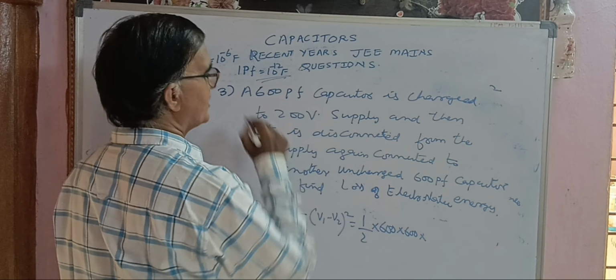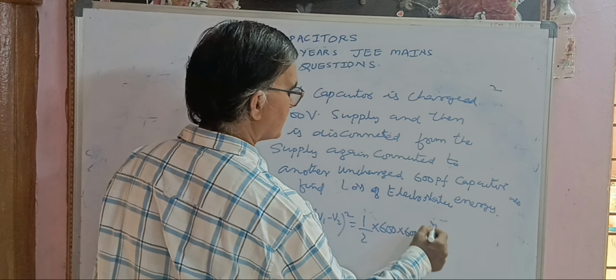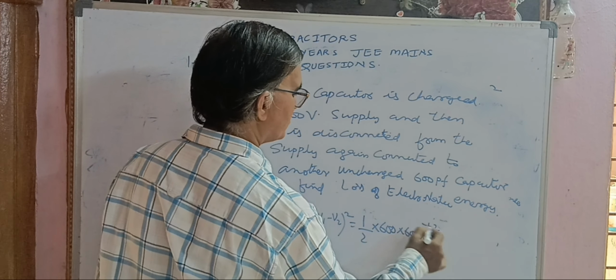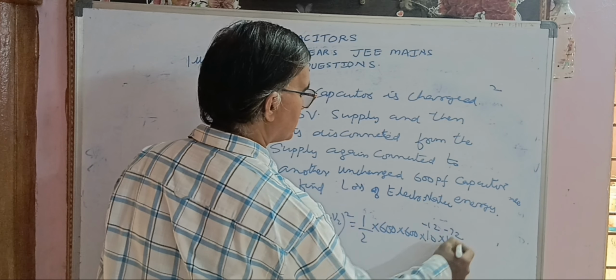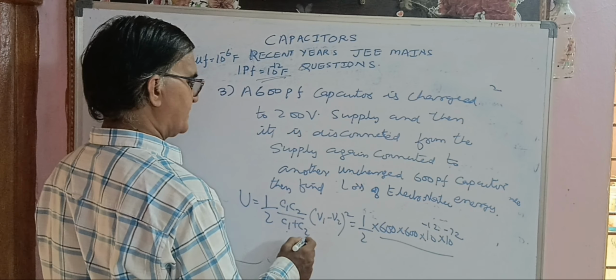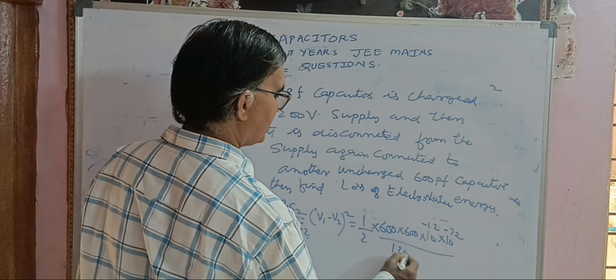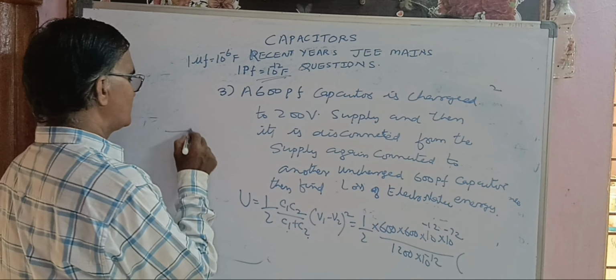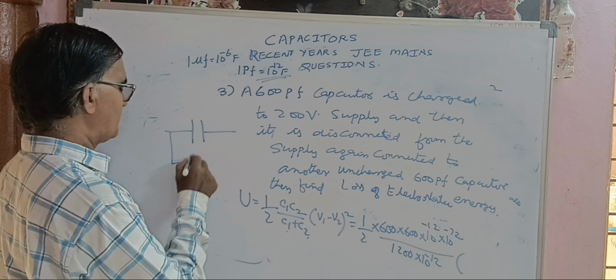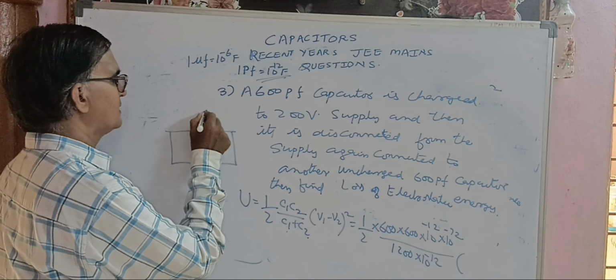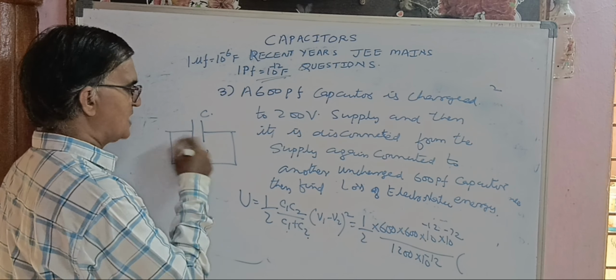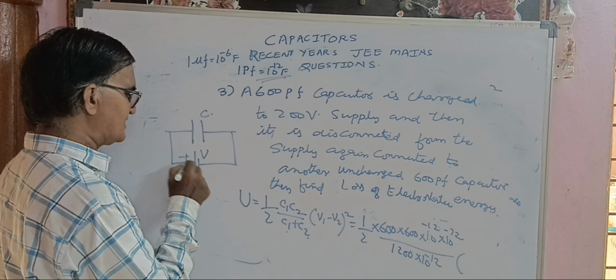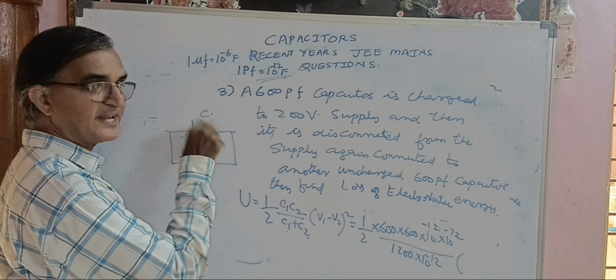You know picofarad is 10 power minus 12, into minus 12 you do, divided by 600. So how much? 1200 into 10 to the power of minus 12. So here the situation is first capacitor connected like this, charged. Now again after charging this is getting disconnected.